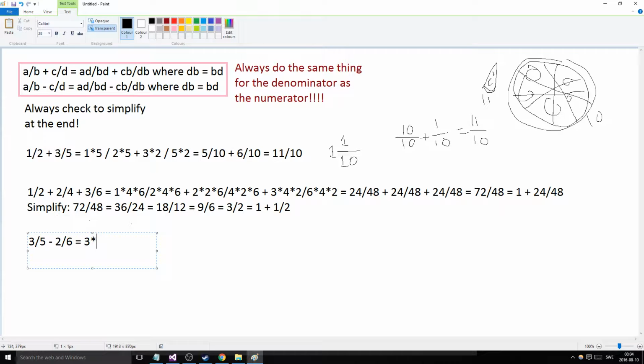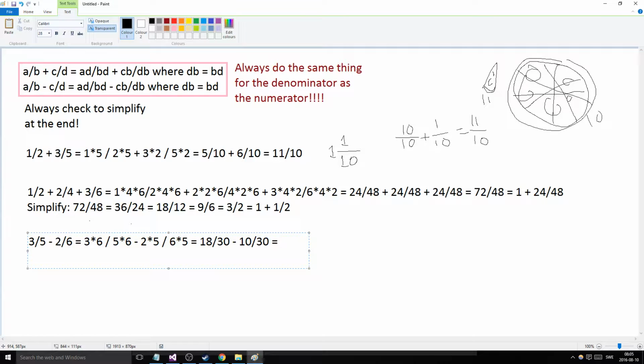So it's the same thing. 3 multiplied by 6 through 5 multiplied by 6, minus 2 multiplied by 5 through 6 multiplied by 5. So we get the same denominator, which will give us 3 times 6 is 18 through 30.